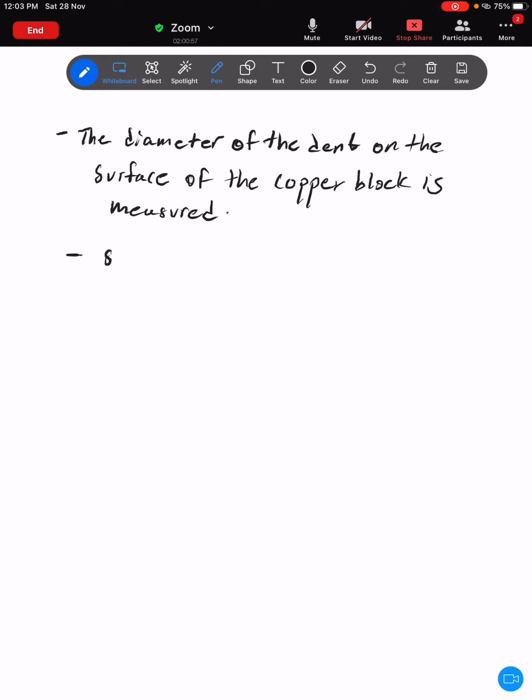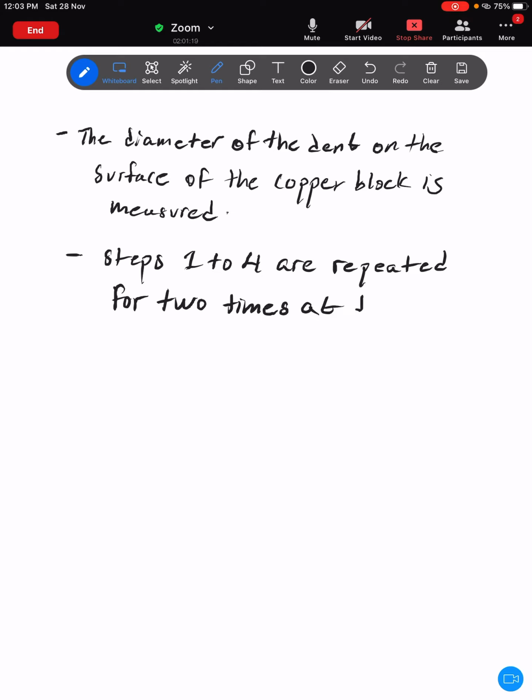Then steps 1 to 4 are repeated for 2 times. At least 2 times, yeah, guys. At different places on the copper block.